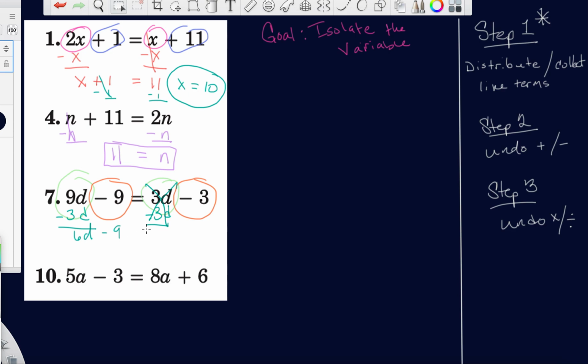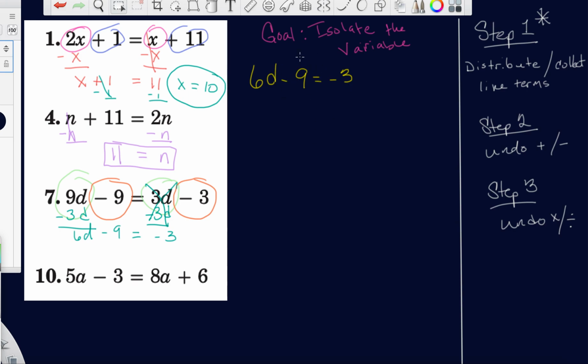Minus 9 equals, what's left over here? Negative 3. Now I'm going to rewrite this over here so I can finish the work because I don't have quite enough space. So I'm going to rewrite in yellow. I'm here at 6d minus 9 equals negative 3.